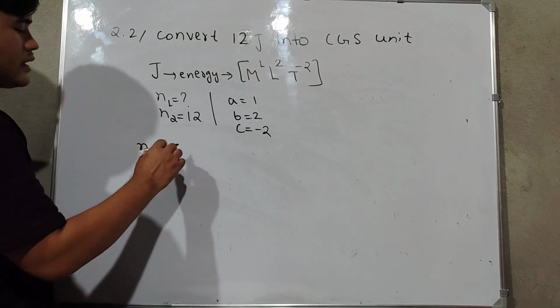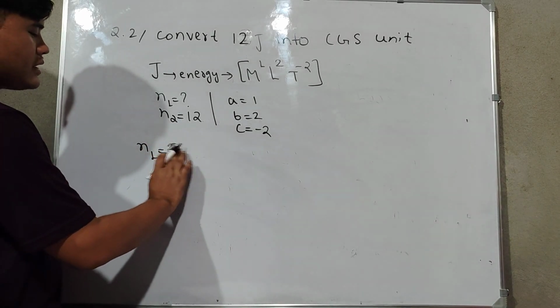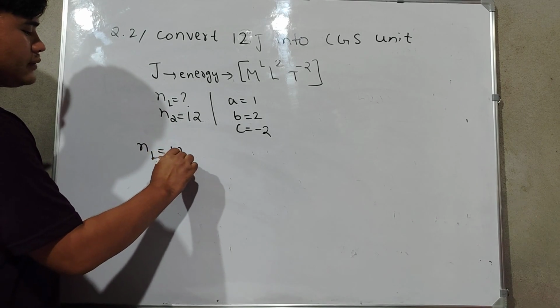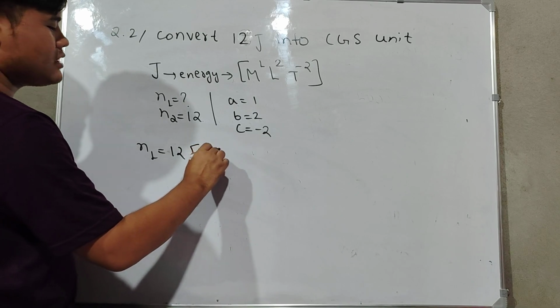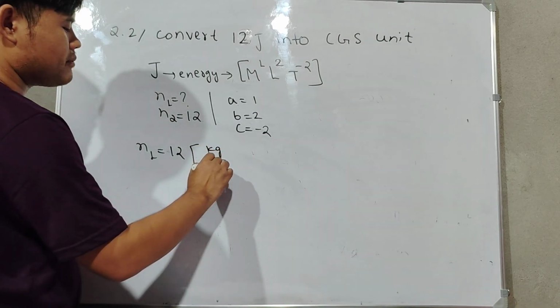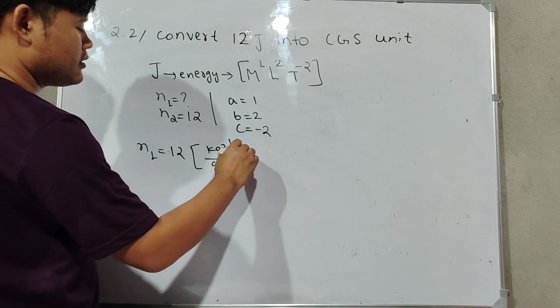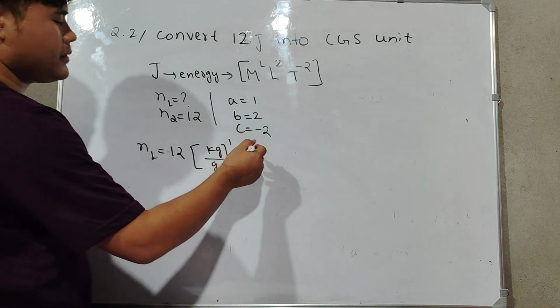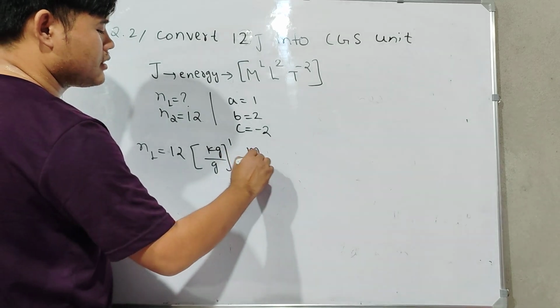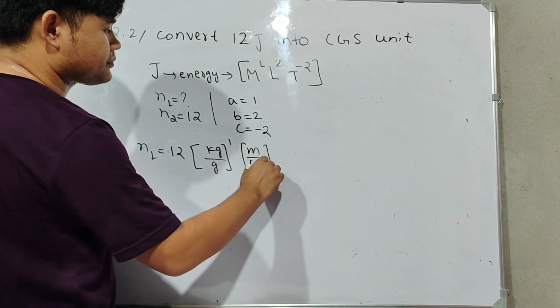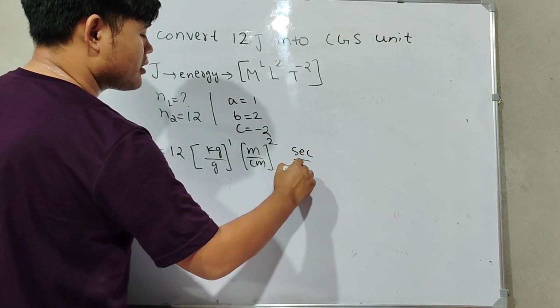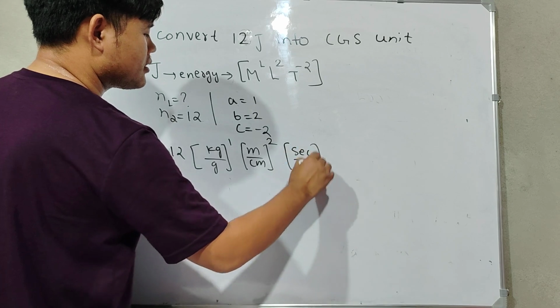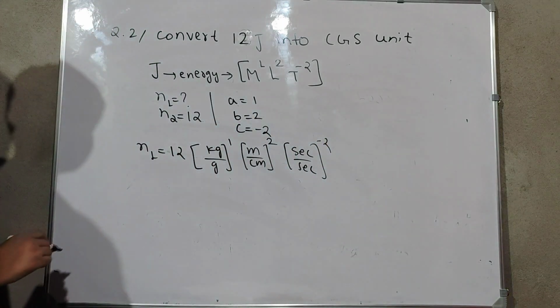N2 is 12 into M1 by M2. M1 will be in kg, this will be in gram, power will be 1. Similarly, length 1 meter by centimeter, power is how much? 2 now. And then time is second by second to the power minus 2. Directly I have put in the formula.